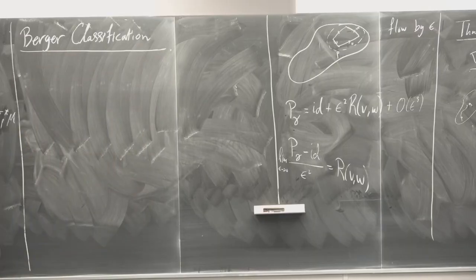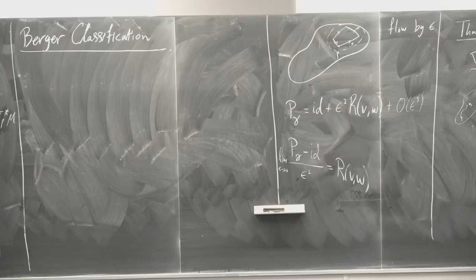Okay. So now we can actually talk about the big theorem, which is the classification of Riemannian holonomy groups. This theorem tells us that there's a big restriction on what the holonomy groups of a Riemannian manifold could be. So the idea was that maybe we can say specifically what Riemannian holonomy groups can exist in general.